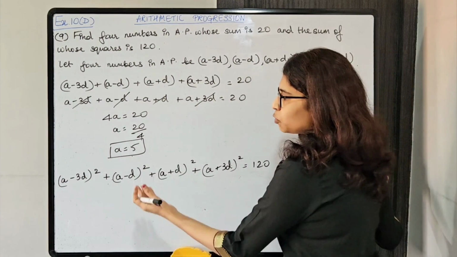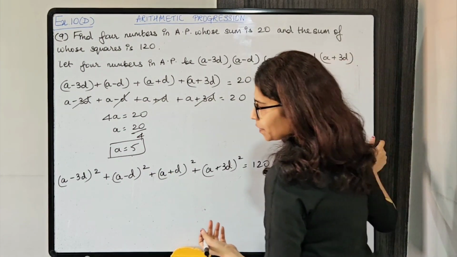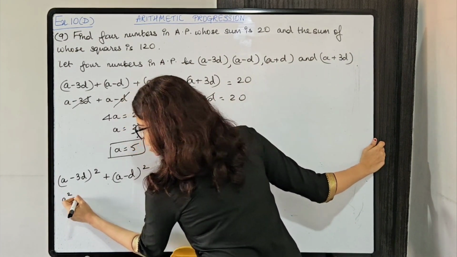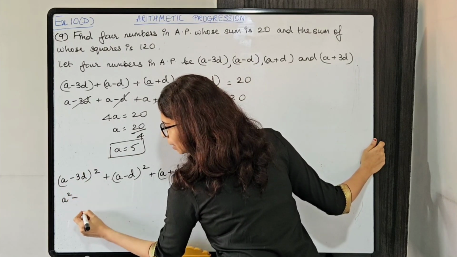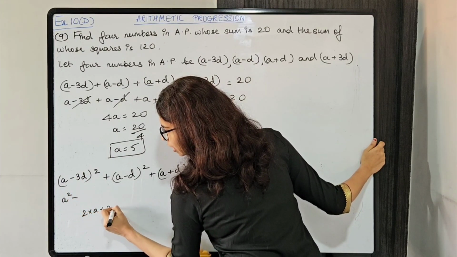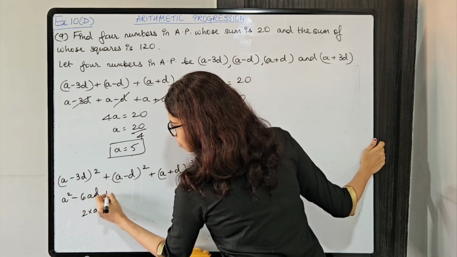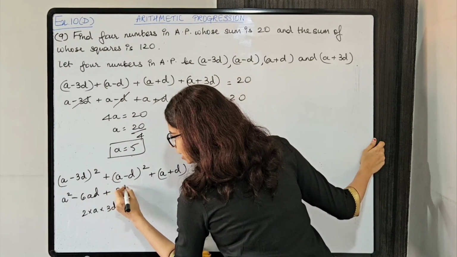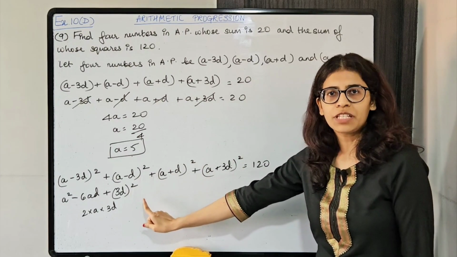Okay, using the formula of a minus b the whole square and a plus b the whole square. So a square minus 2ab, so it will be 2 into a into 3d, that will give 6ad, right? Plus b की जगह पे 3d है, so 3d का स्क्वायर हो जाएगा. 3 का भी स्क्वायर होगा, d का भी स्क्वायर होगा.